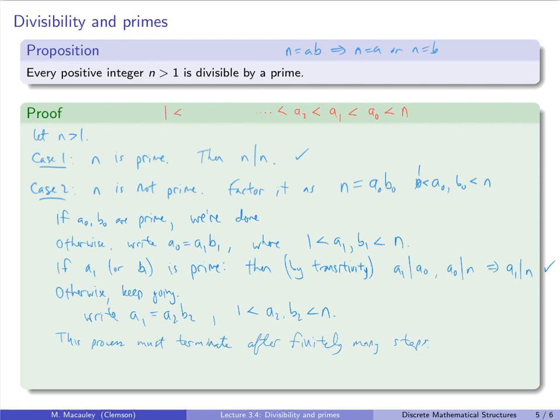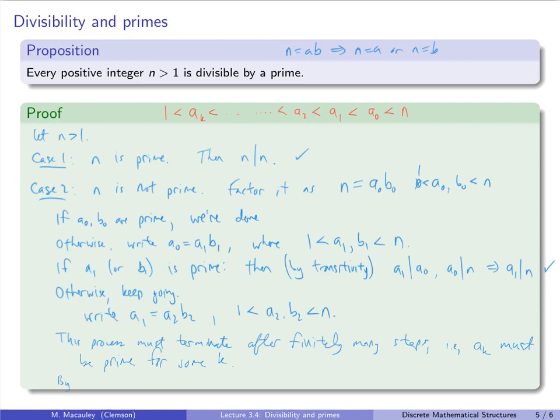So there's no way that we can have this infinite descent of integers from n down to 1. So at some point we need to have some ak like this. So let me just say, ak must be prime for some k. If it wasn't, we could just keep factoring it, get smaller and smaller.